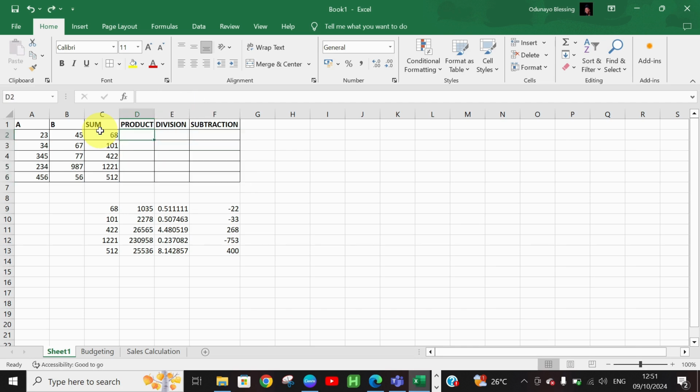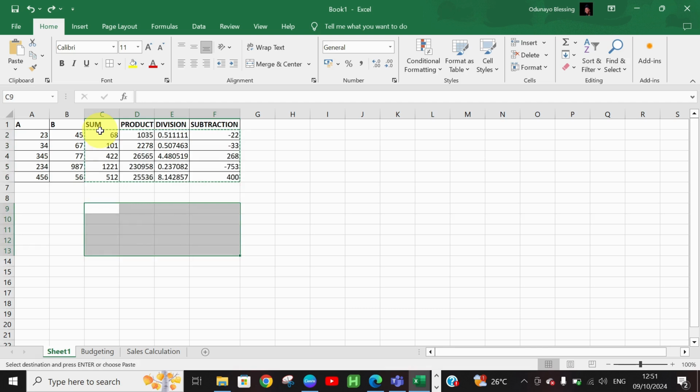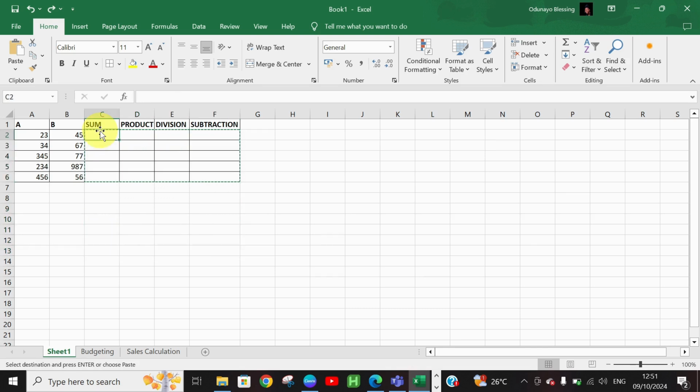But if we go back to something else, let's look at the absolute figure. For the absolute, we are going to be locking one of the cells.